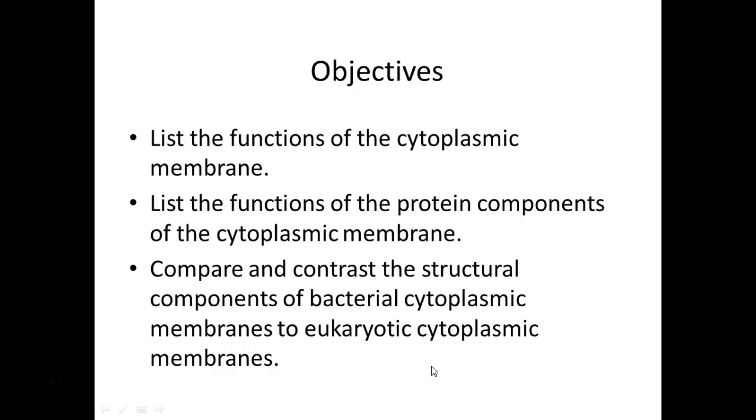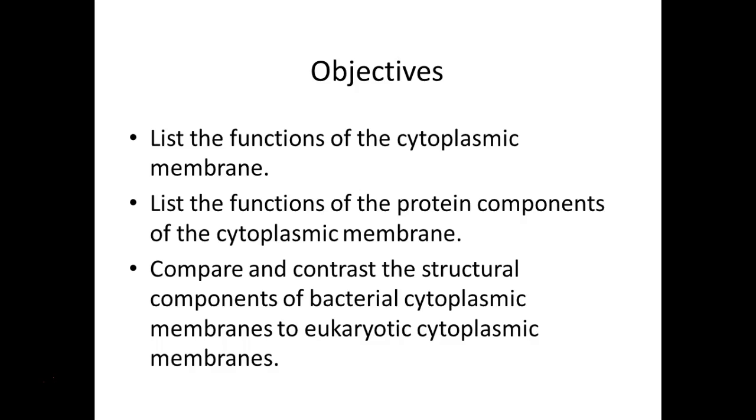So all cells, the definition of a cell is it must have a cell membrane, right? This unfortunately has multiple names. Sometimes it's referred to as the cytoplasmic membrane, sometimes it's referred to as the plasma membrane, or just the cell membrane. I typically stick to just cell membrane.